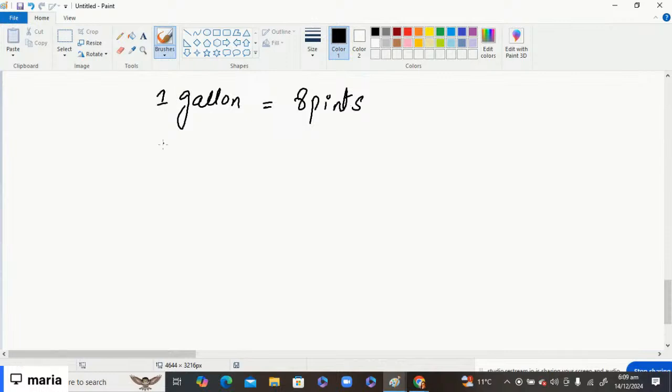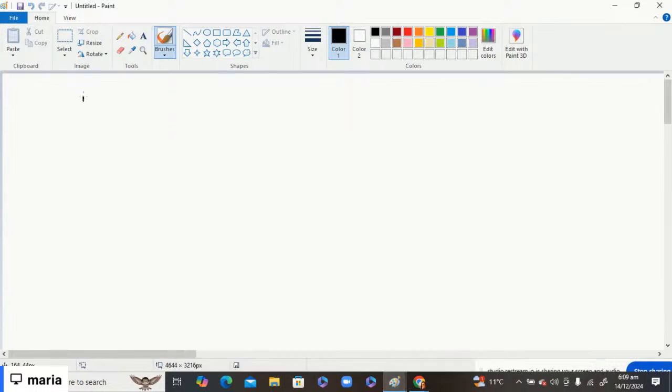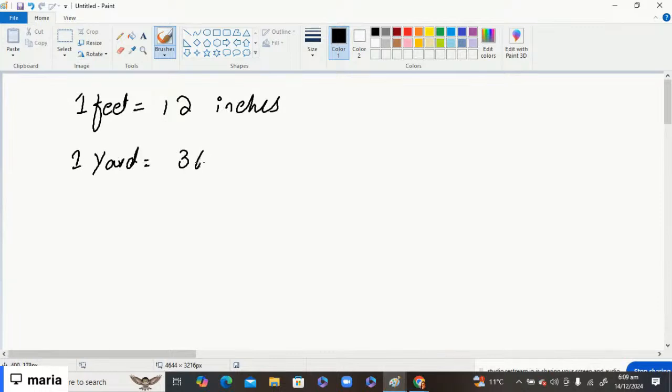First I'm going to write all these things here, then we can easily find it out. 1 foot is equal to 12 inches. 1 yard is equal to 36 inches. 1 gallon is equal to 8 pints.